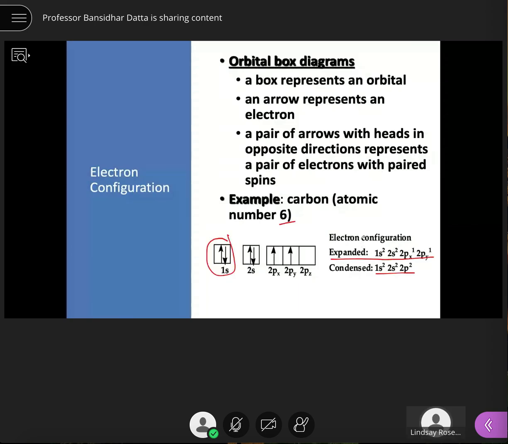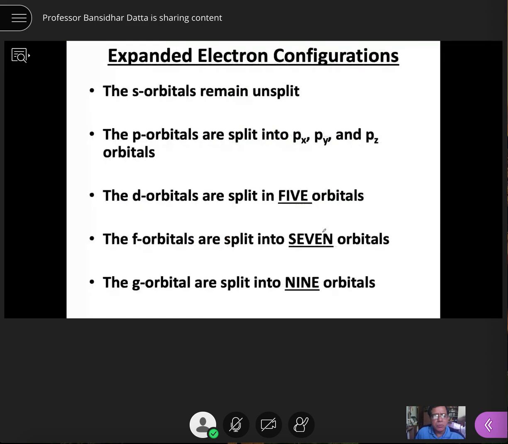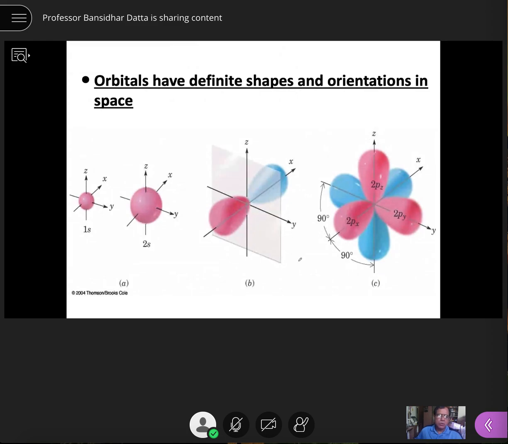Oh, so where are you getting the X's and the Y's from? So the p orbital, p subshell, is split into 3 different coordinates, 3 different axes, px, py, and pz. So orbitals have a definite shape and orientation in space. 1s looks like one tiny ball close to the nucleus. 2s is a bigger ball, only one.